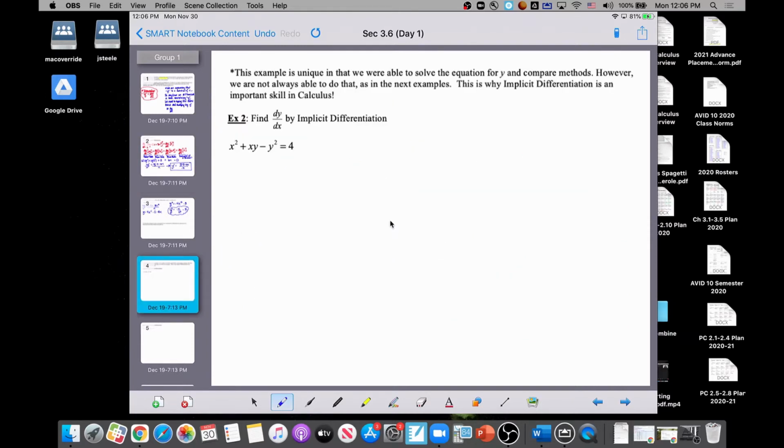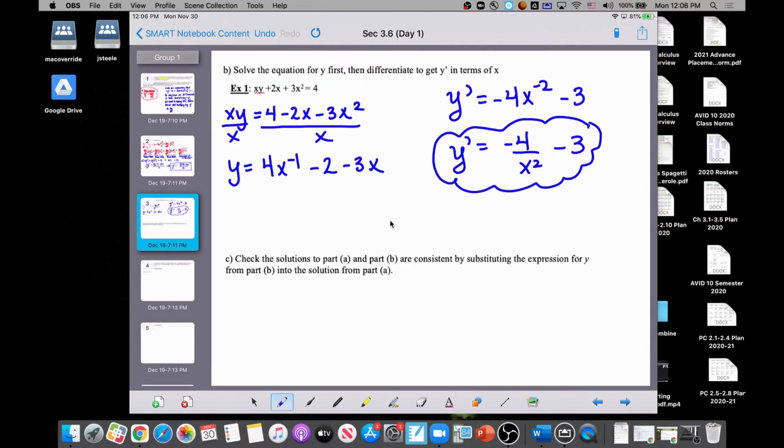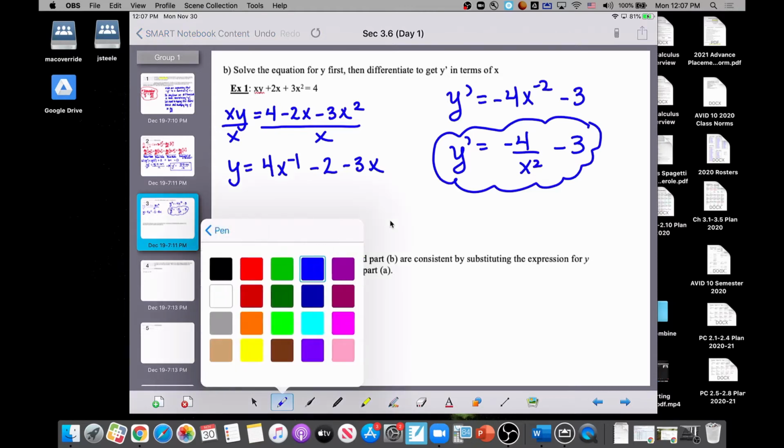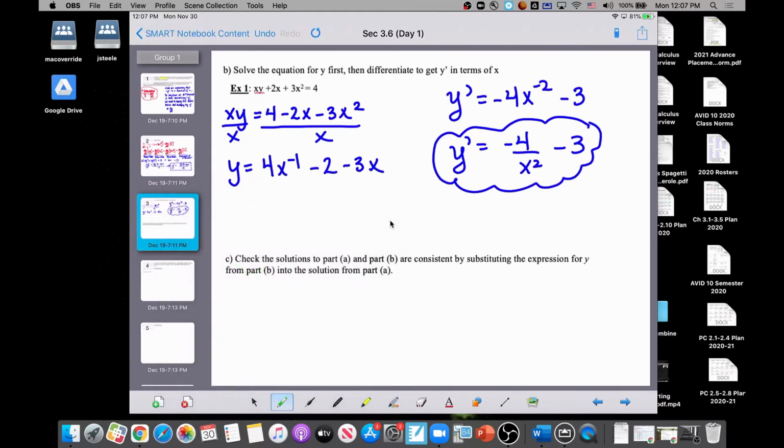Part C says, check the solutions to part A and part B and show that they're consistent by substituting the expression for y from part B into the solution from part A. Okay, so here's what we found y was equal to, right?